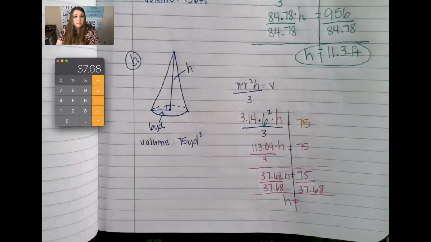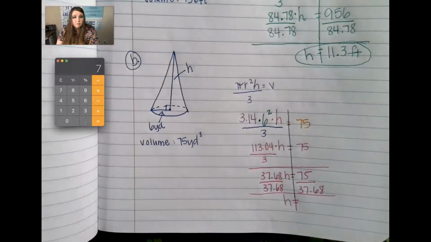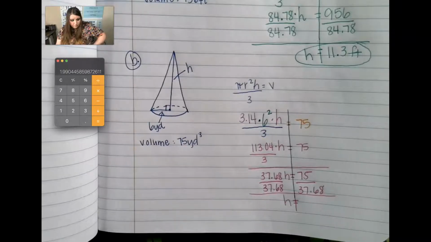So now I'm going to take 75, so I'm taking that volume, and I'm dividing it by the radius and pi and the cone. So divide by 37.68. And that gives me 1.99, which is really an odd number to get, right?